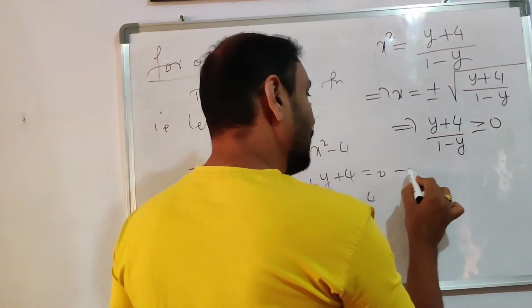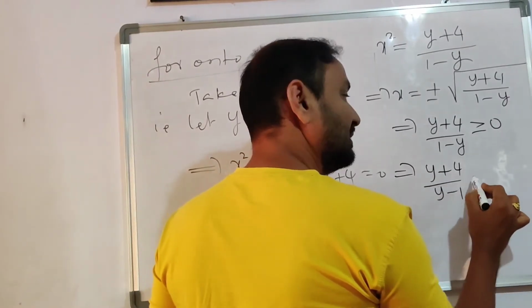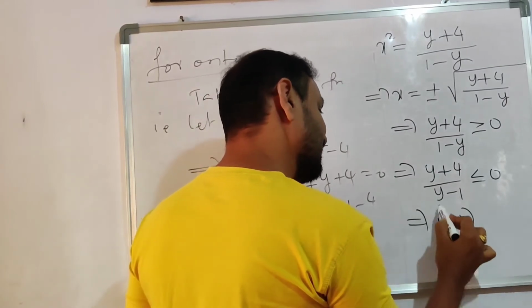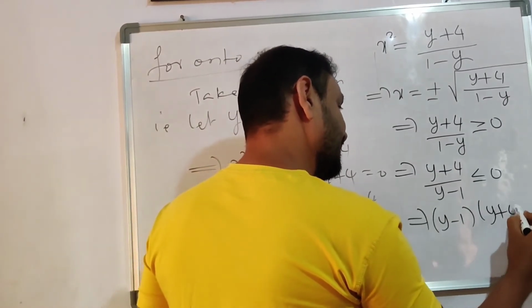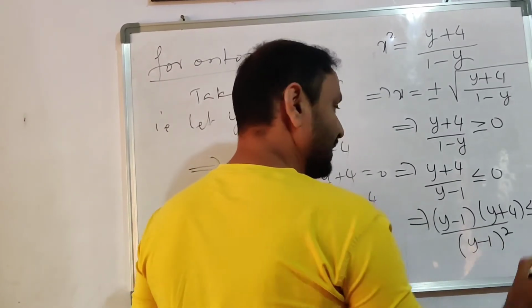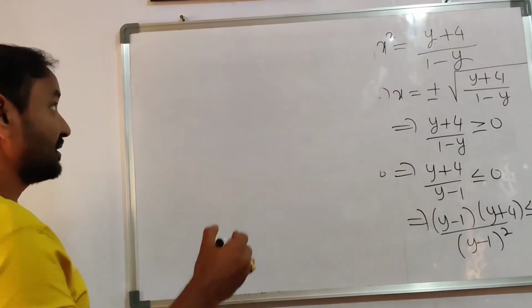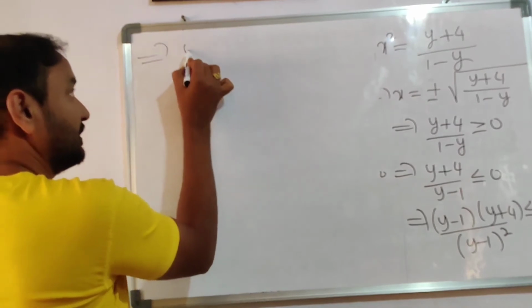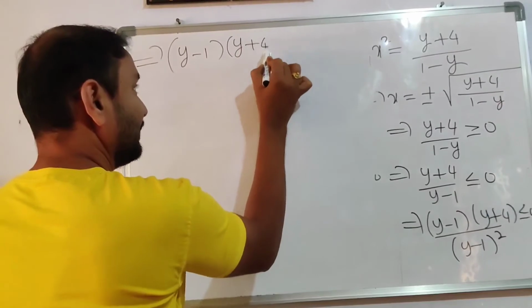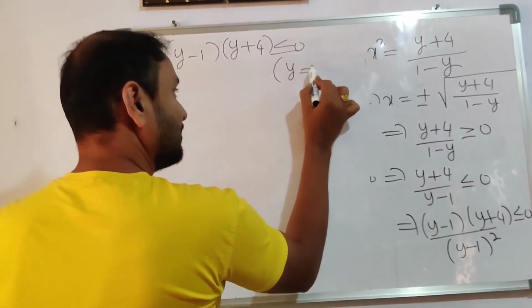So this is also (y + 4)/(y − 1) ≤ 0. Multiply and divide by y − 1, we get (y − 1)(y + 4) ≤ 0 over (y − 1)², with y ≠ 1.